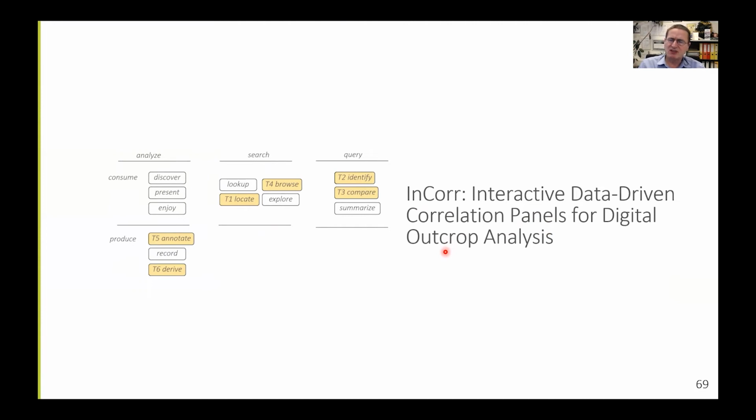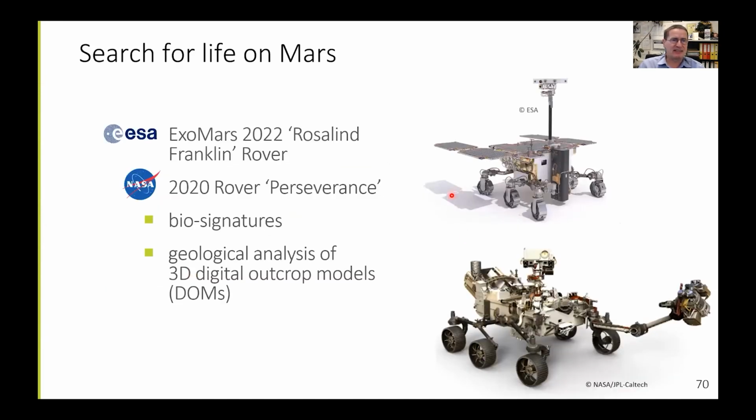So geologists are looking at rock formations, and from these rock formations, they derive certain information about the past. And when we go back in our task analysis, this analysis is more in the produce region, and we are annotating spatial data that has been captured digitally. The urban planning scenario would be in this derive setting.